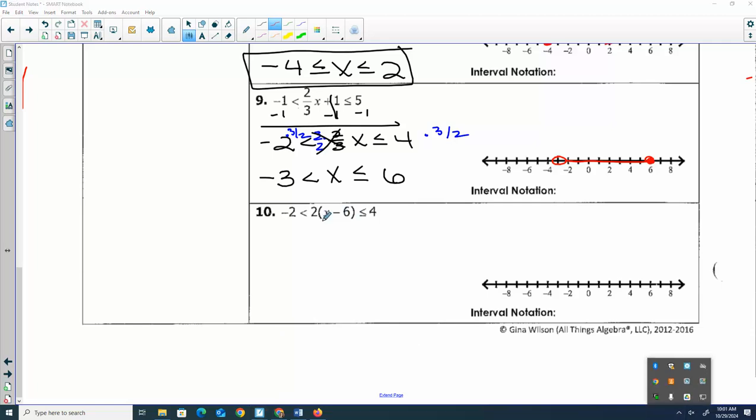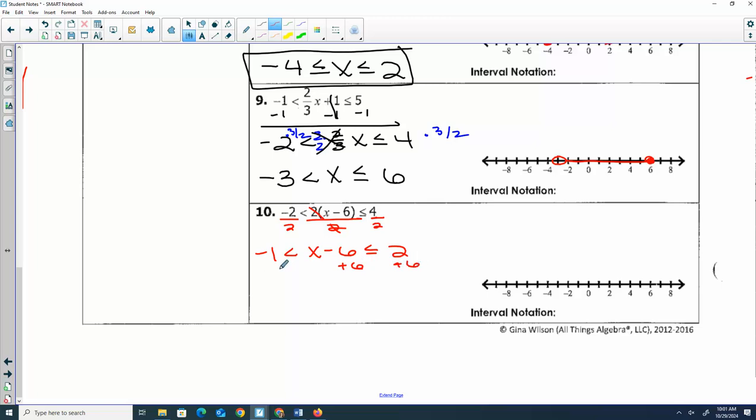So pretty much everyone, most of you divided by 2 first. Could you have also distributed your 2? Yeah, either way. I saw quite a few people that just started with the dividing, so I'll do that. Negative 2 divided by 2 is negative 1, less than, those 2's cancel, so just x minus 6, less than or equal to 2.